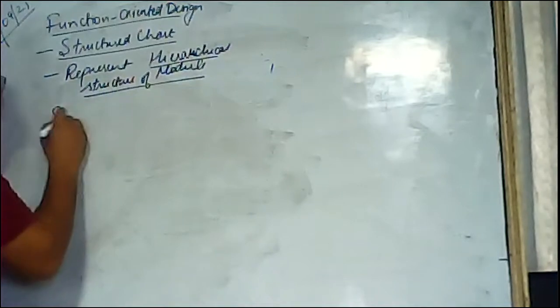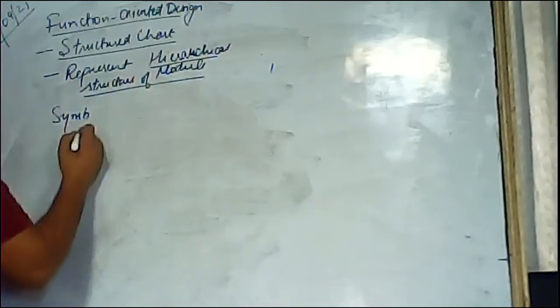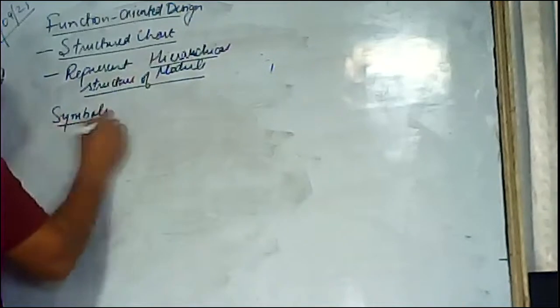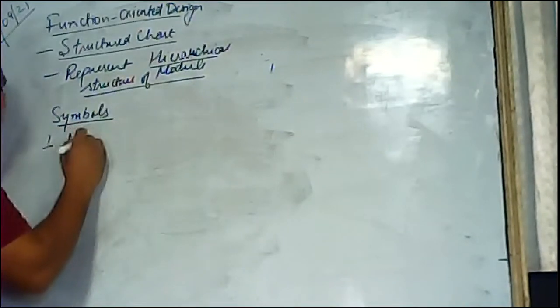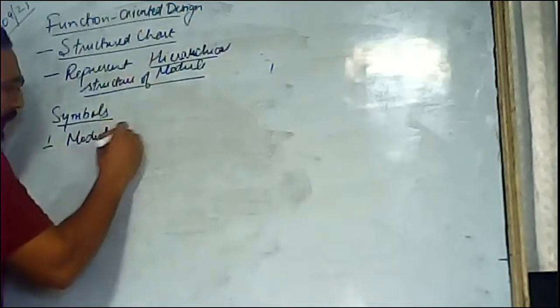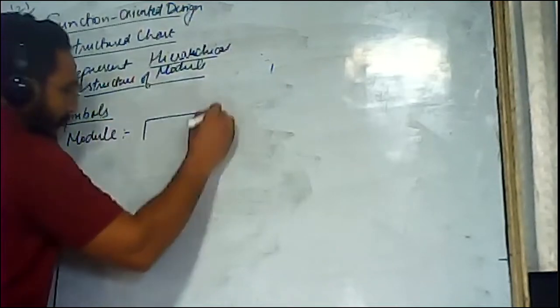In this, further symbols are used. The first symbol is the module, and that module is denoted as a rectangle.